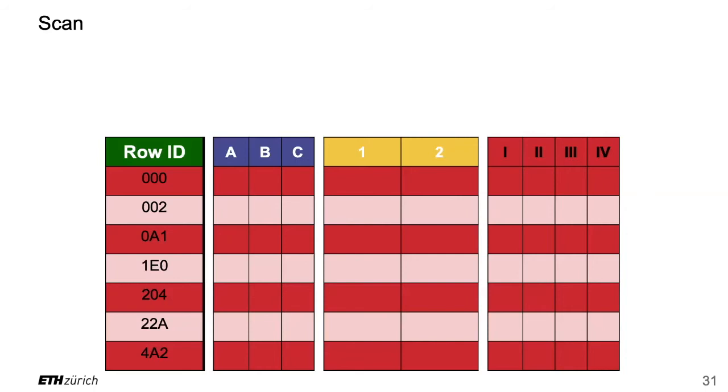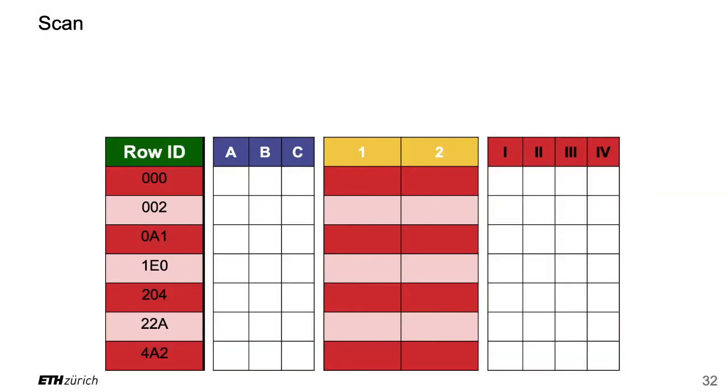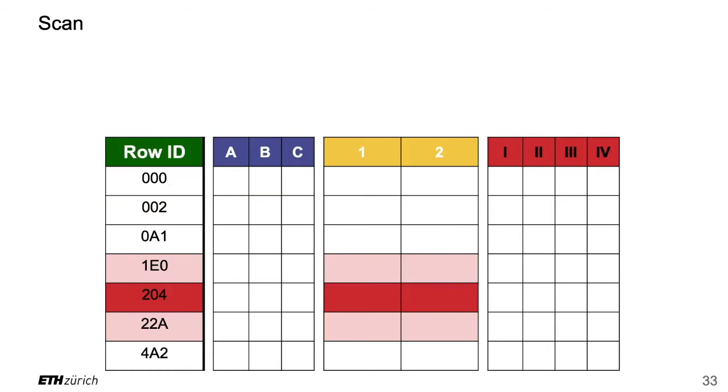So you start with 000, go all the way to 4A2, and then you can execute code scanning, or you can return the results that are in there. You can aggregate and so on. You can also specifically scan only a column family, or you can scan only a specific interval of row IDs. Right? This is something you cannot do with DynamoDB.